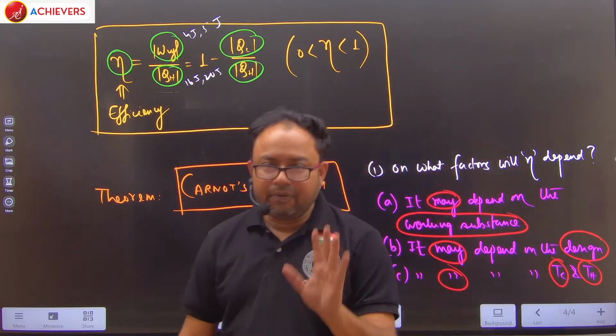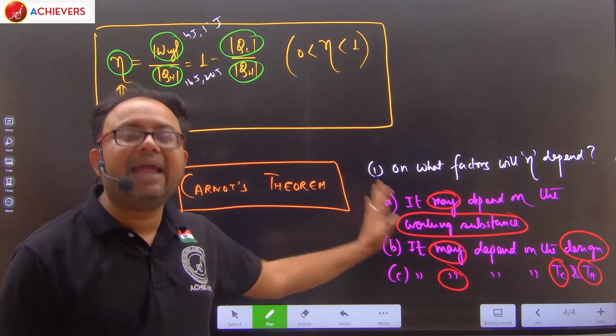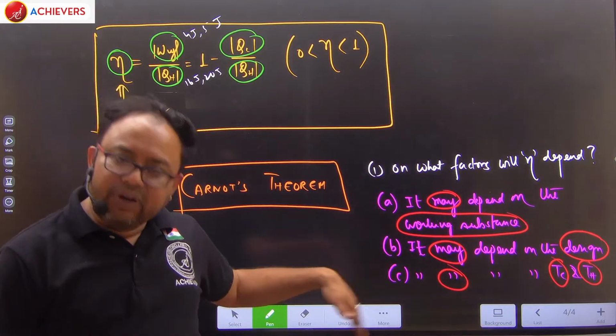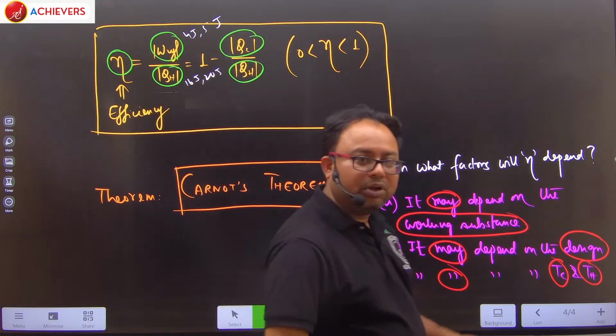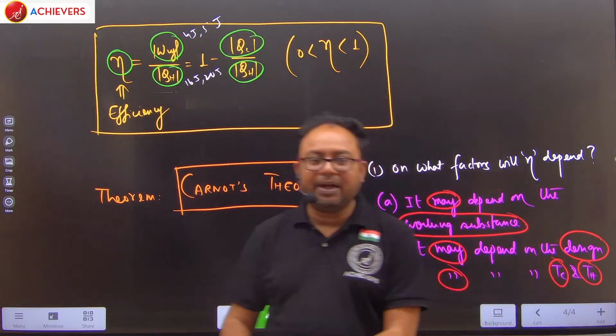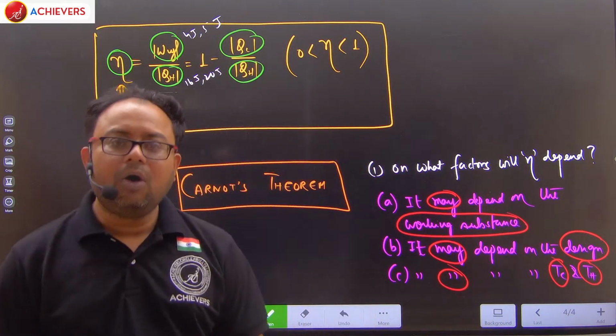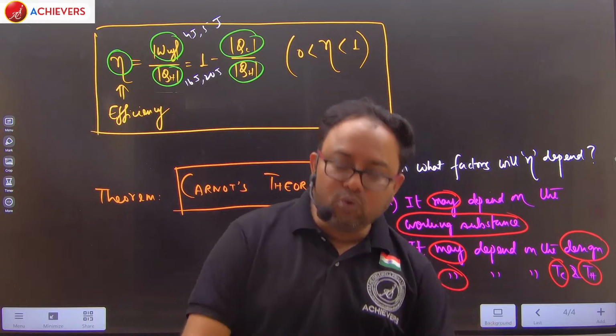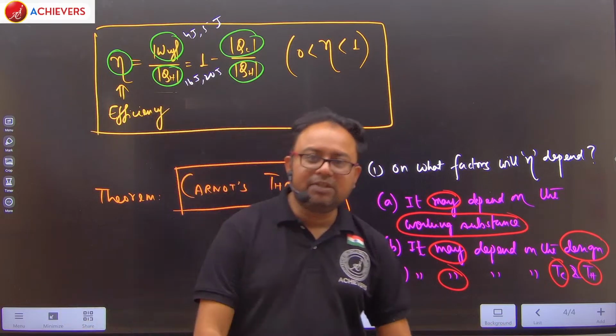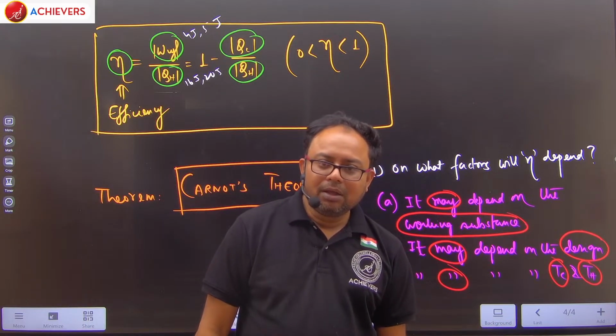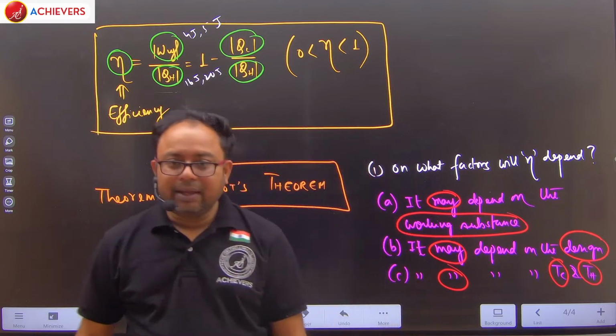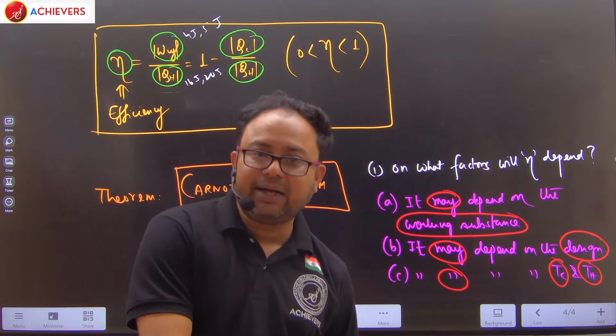I have used the clause may. We would analyze it further to understand whether it actually depends on all these three parameters, or one of these three parameters, or two of these parameters, or none of these parameters. So that has to be anticipated over here.